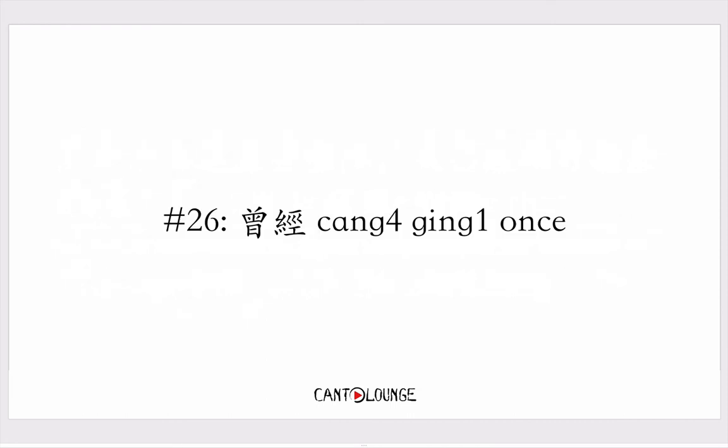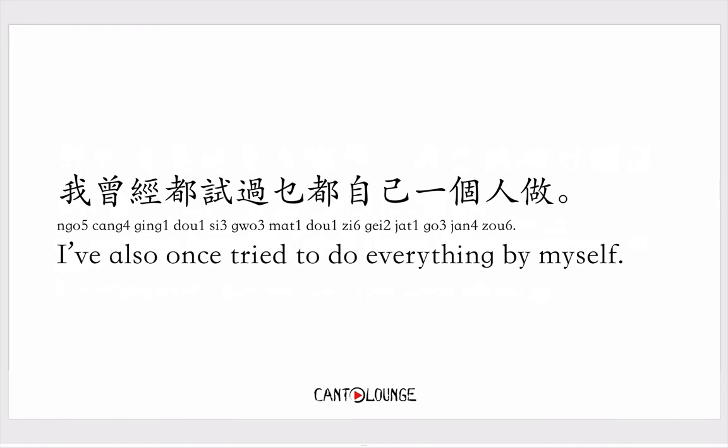Moving on, 曾經 once, once upon a time. So you might be, I don't know, in a class or something, and you're sharing an inspirational story of transformation, and you are recalling the past, and you say 我曾經都試過乜都自己一個人做.